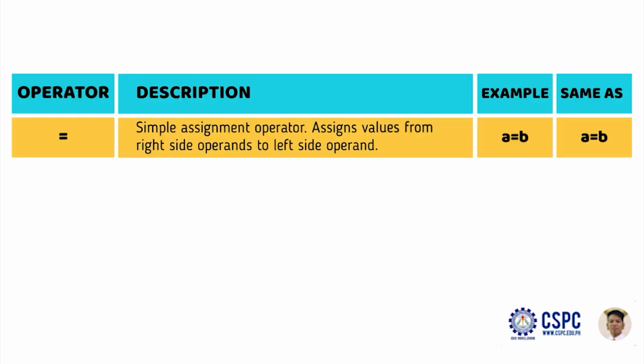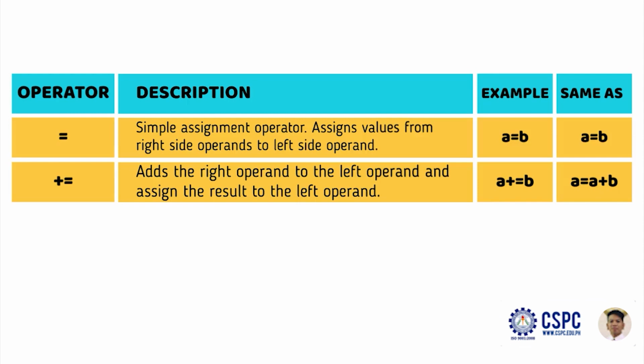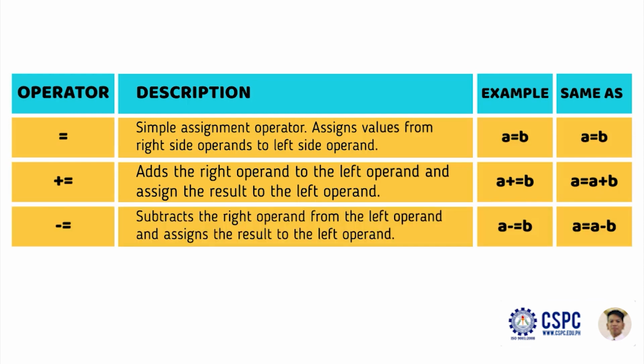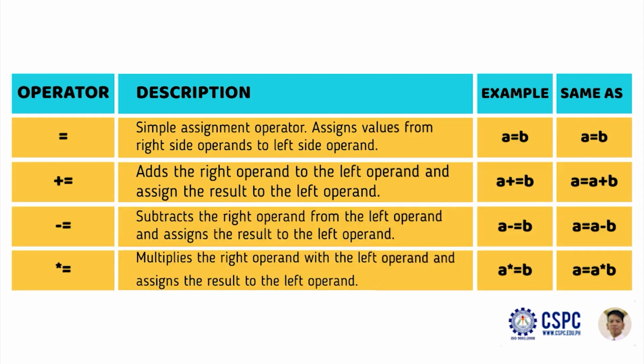Here's the list of assignment operators in C. The equal sign, simple assignment operator, assigns values from right side operands to left side operand. The plus equals adds the right operand to the left operand and assigns the result to the left operand. The minus equals subtracts the right operand from the left operand and assigns the result to the left operand.